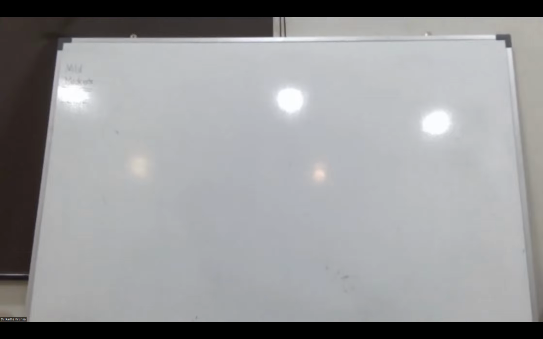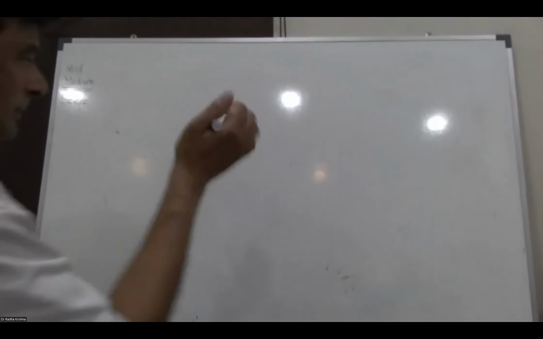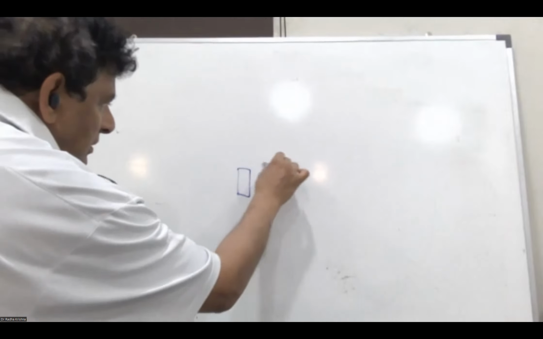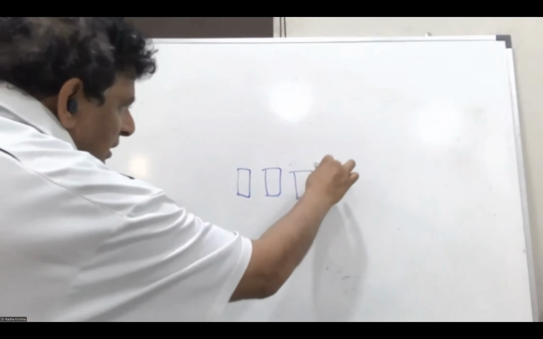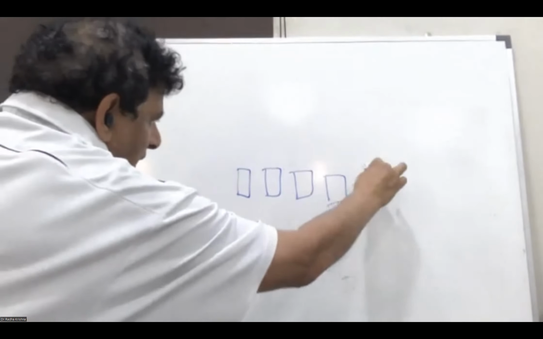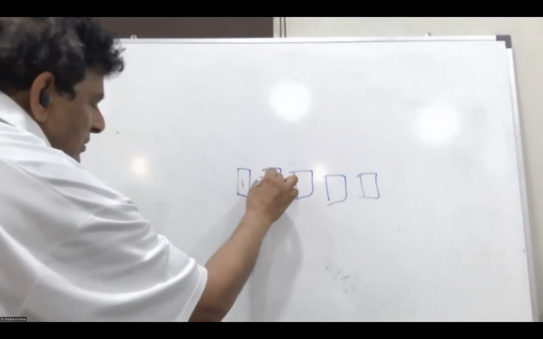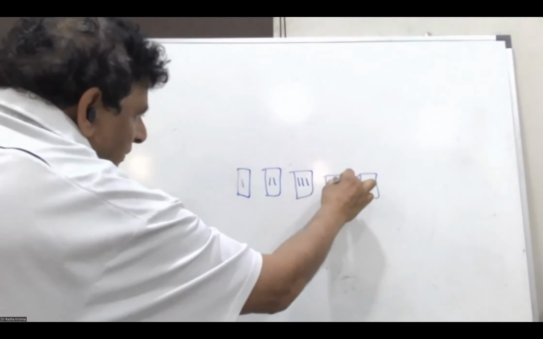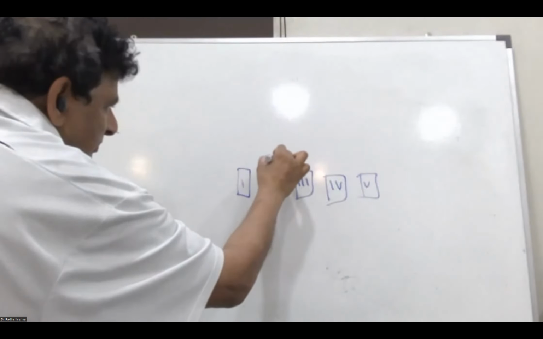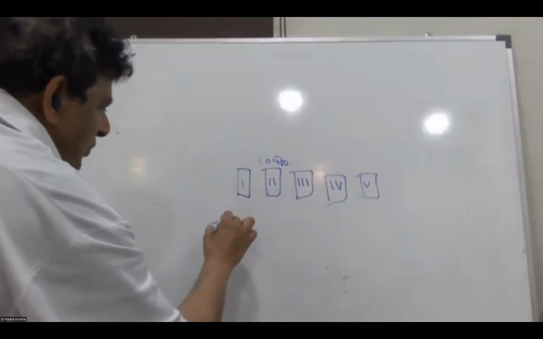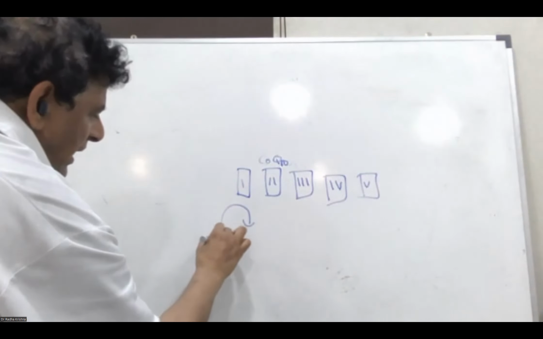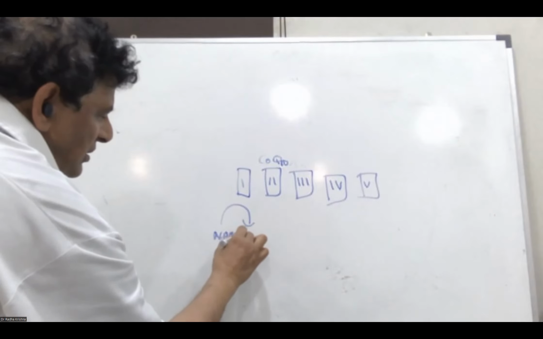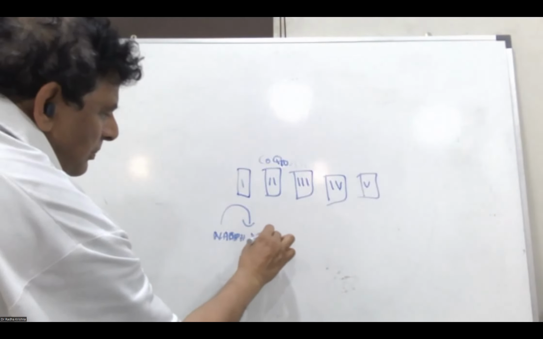Okay, so where does the CoQ10 sit? If you look at the electron transport chain, complex 1, 2, 3, 4, 5. CoQ10 sits here. So you have NADPH to NADP.